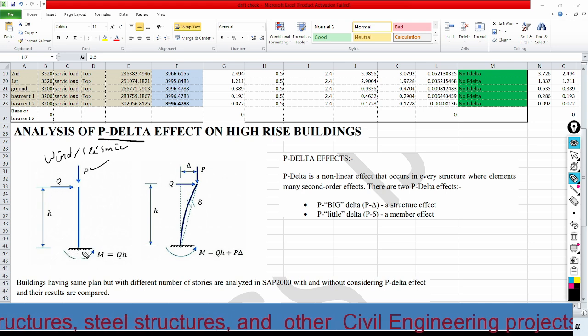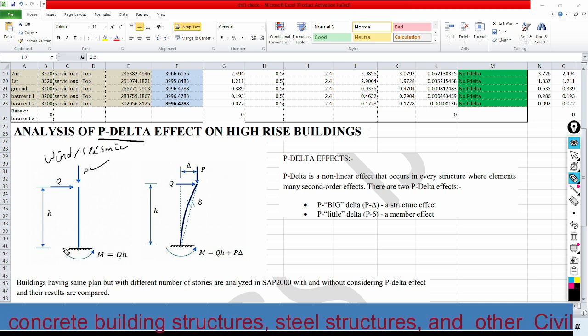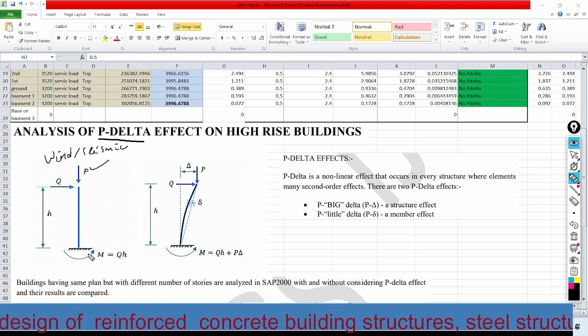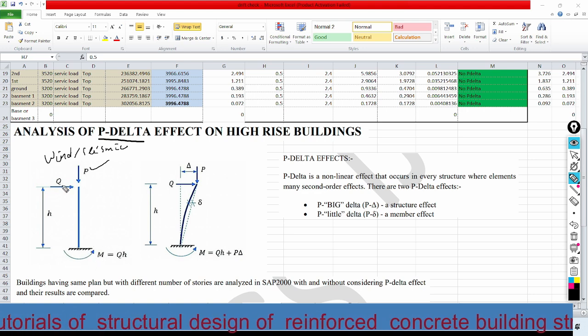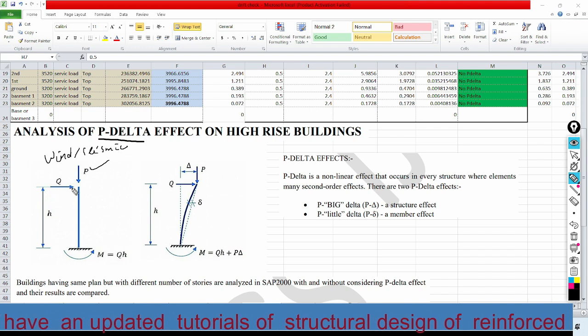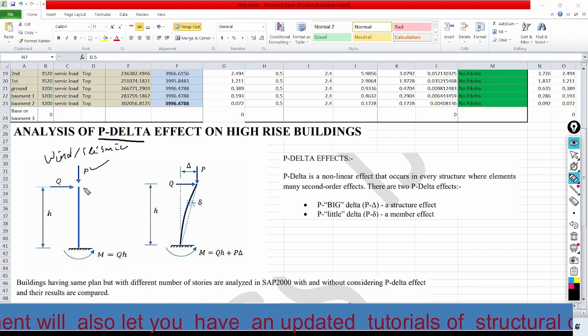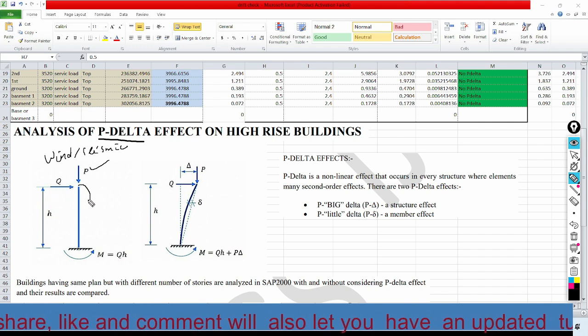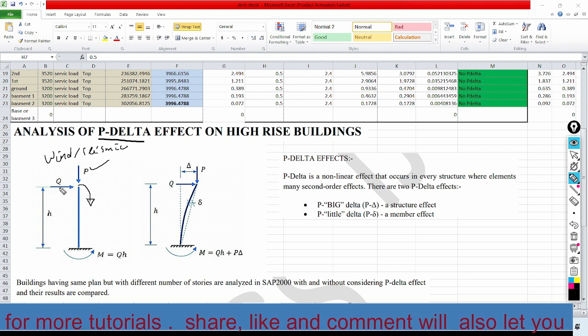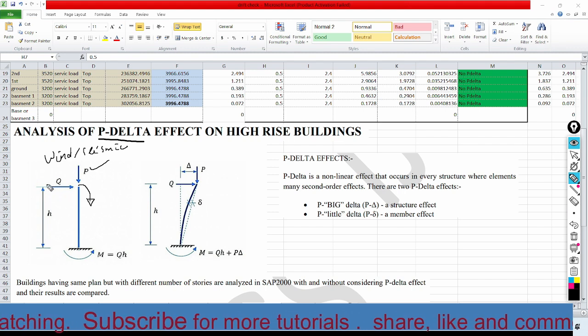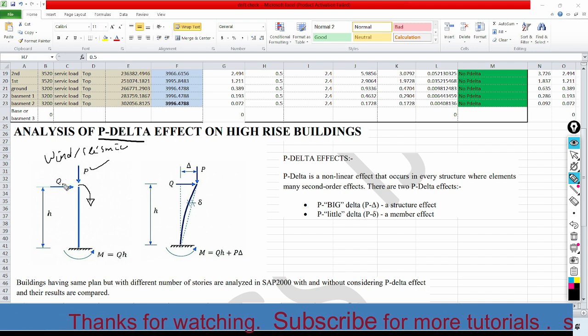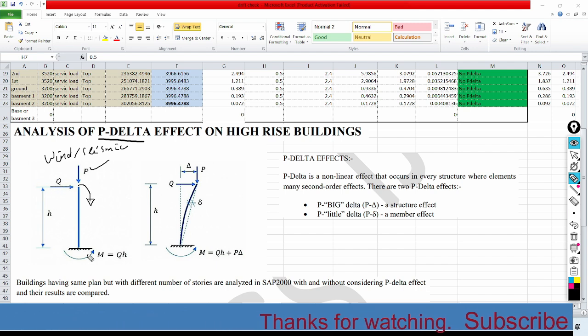Here there is a resisting moment which counteracts the effect of the horizontal force. The structure will rotate in this direction when we apply the lateral force Q, so there will be an induced moment.